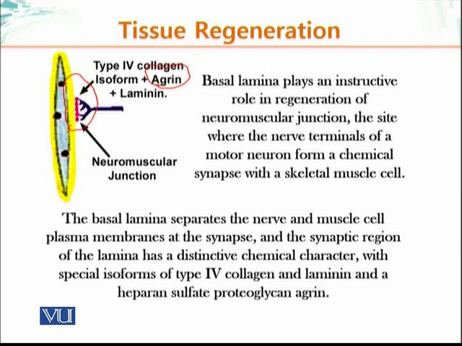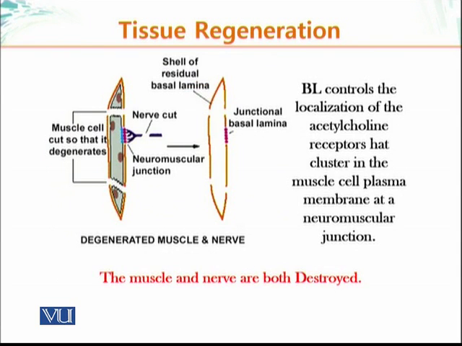Let's look at that. The basal lamina separates the nerve and muscle cell, and this also, as I said, provides help to these cells to regenerate when there is damage. So let's look at the damage. We have a muscle and the nerve innervating that muscle. If the muscle cell is removed or destroyed, and so is the nerve, it results in degeneration of muscle and nerve.